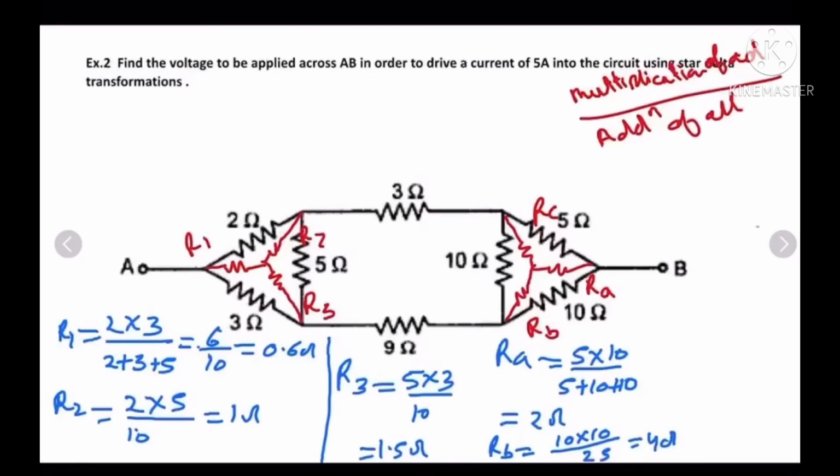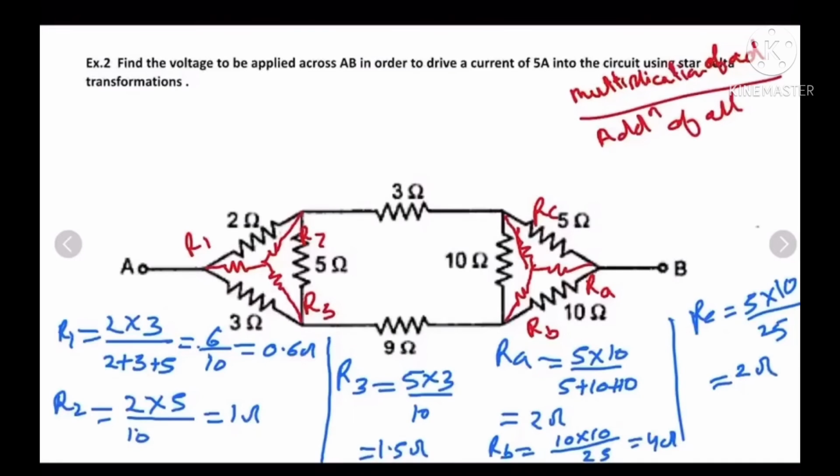And RC is here, so its adjacent elements are 5 and 10. So RC is equal to 5 into 10 divided by 25, that is again 2 ohm.